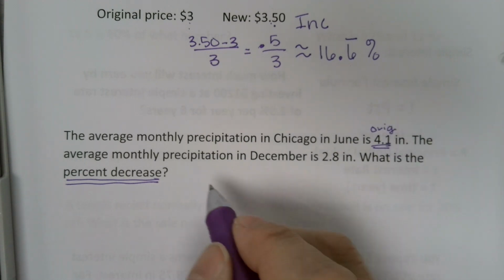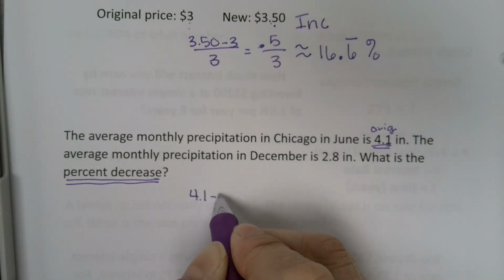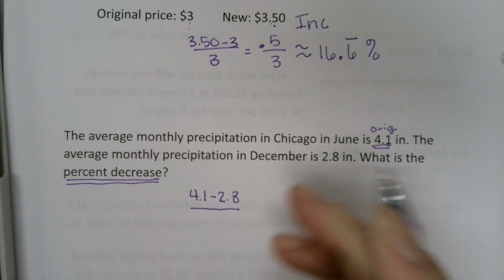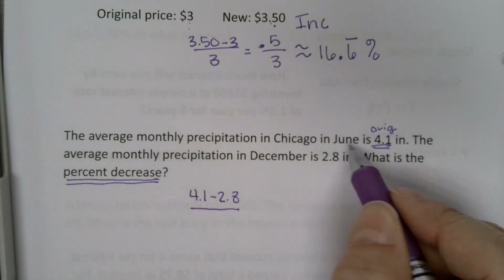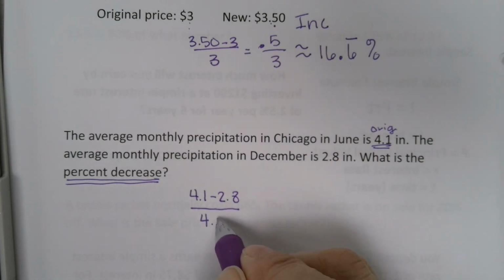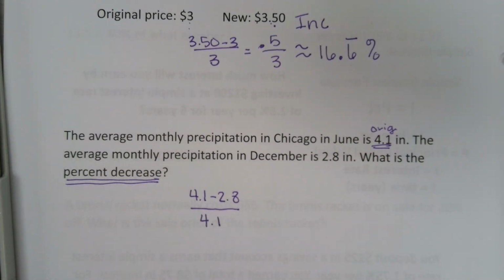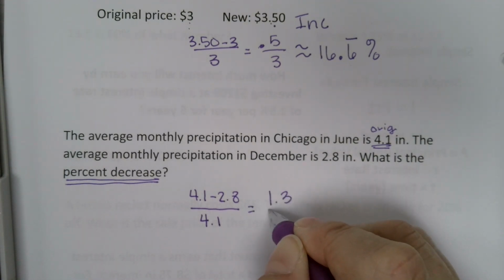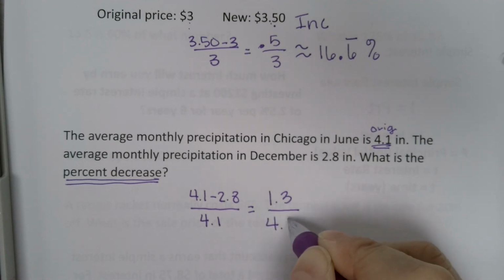Time-wise, it happened first. So I'm going to take 4.1 and subtract 2.8. Remember, those can be subtracted in any order as long as you turn the answer positive. Put that over the original. I'm going to subtract 4.1 minus 2.8, and I'm going to get 1.3. Keep that over 4.1.